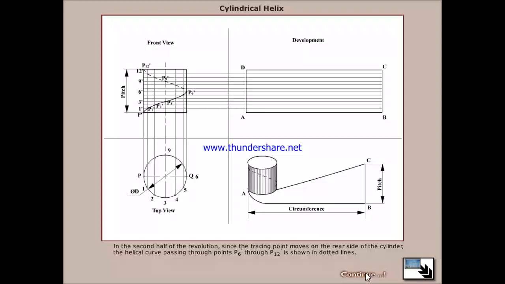In the second half of the revolution, since the tracing point moves on the rear side of the cylinder, the helical curve passing through points P6 through P12 is shown in dotted lines.